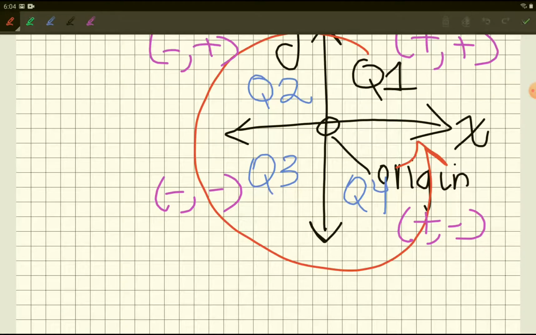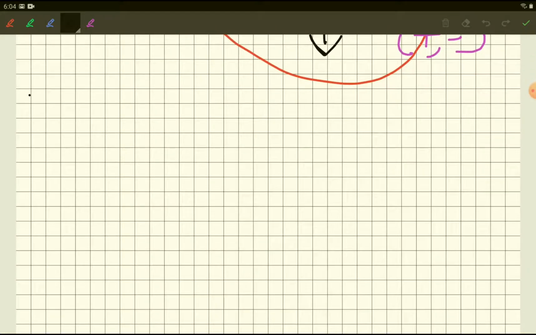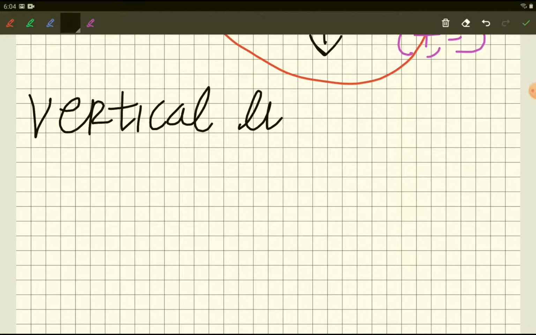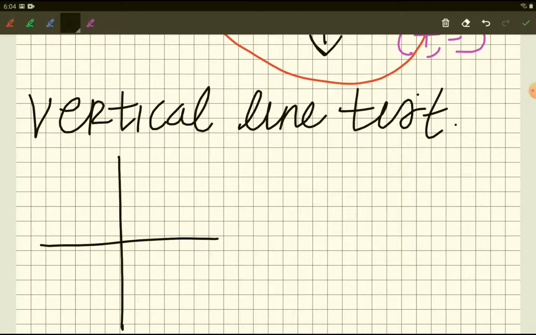You should also be very, very familiar with the concept of the vertical line test. Imagine a graph, and this is the function on a plane.